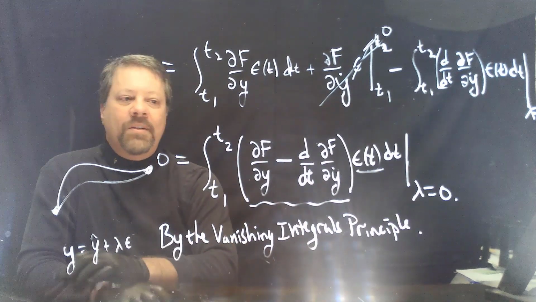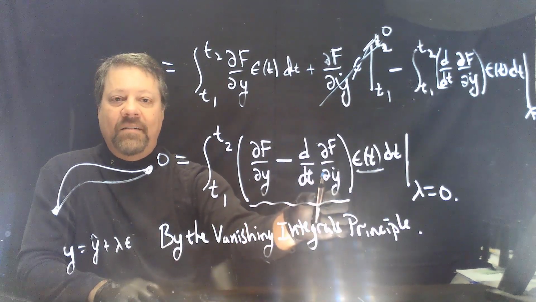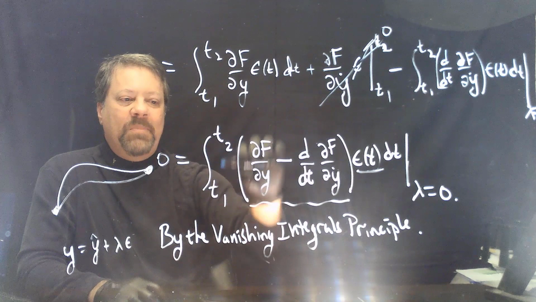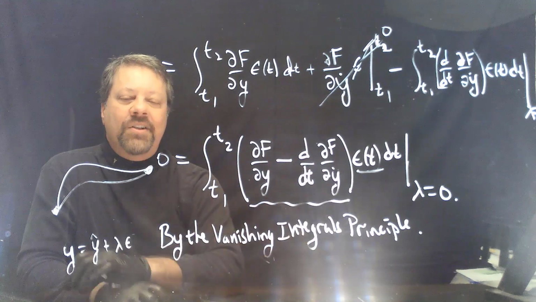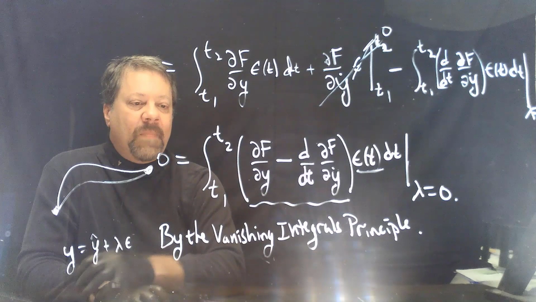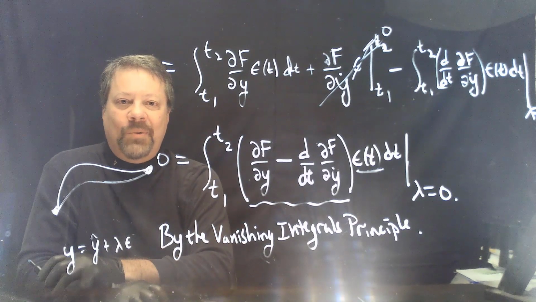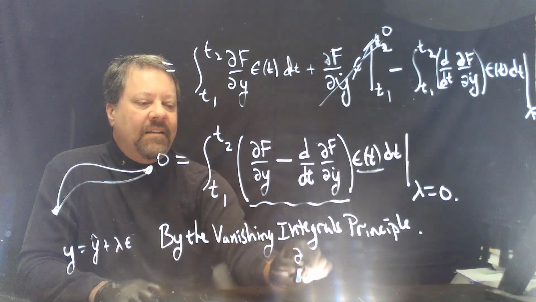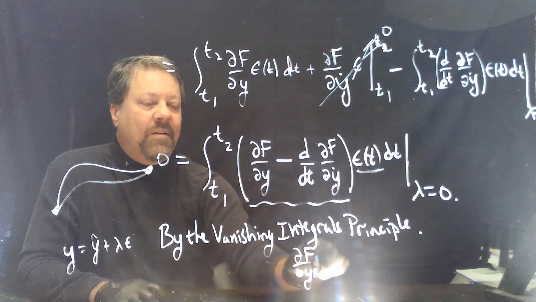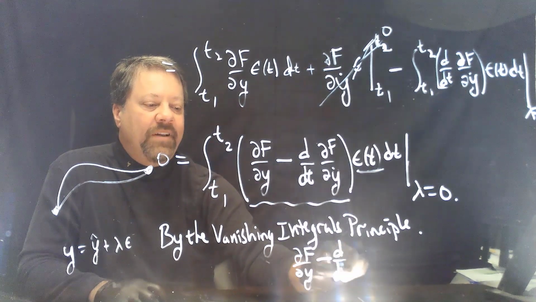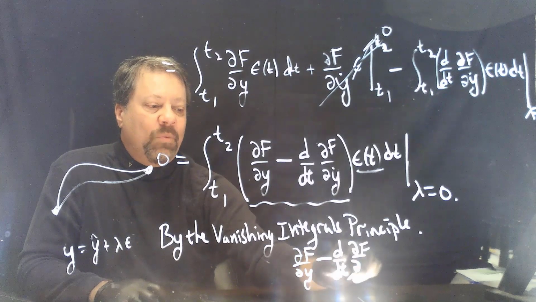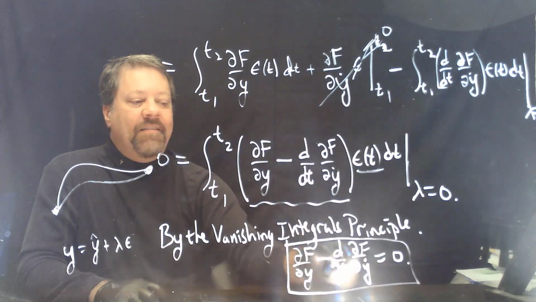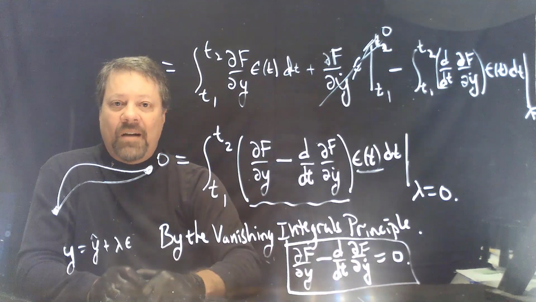If there were some part of the domain where this first factor in the integral was not 0, you could change this epsilon to just pick up that one little place where this function is not 0. In which case, there's no way you could get an integral equal to 0 there. It would have to be something else. So we deduce then that df dy minus the time derivative of df dy dot must in fact be 0, and this is the famous Euler-Lagrange equation.